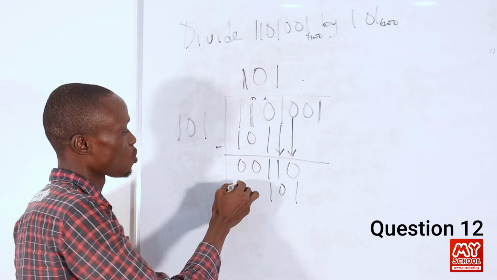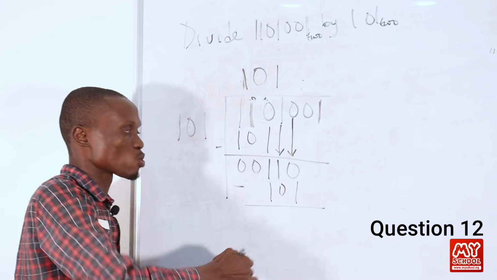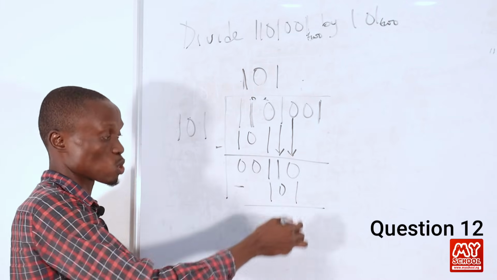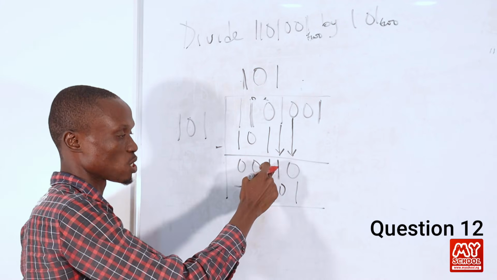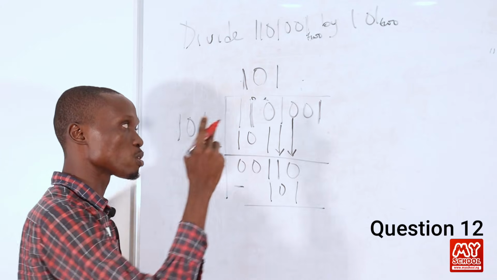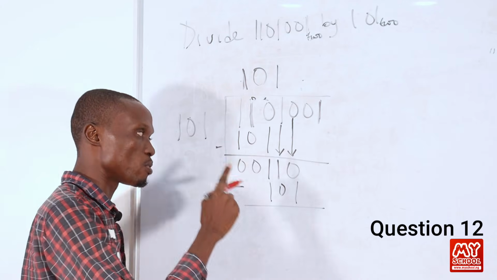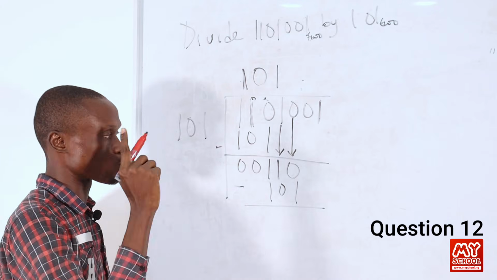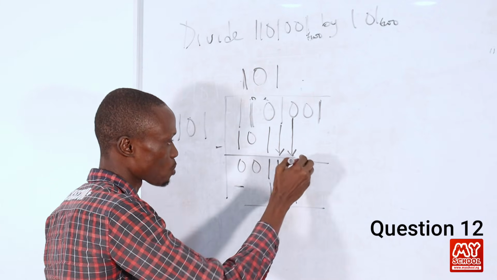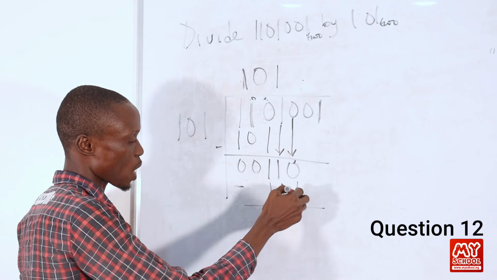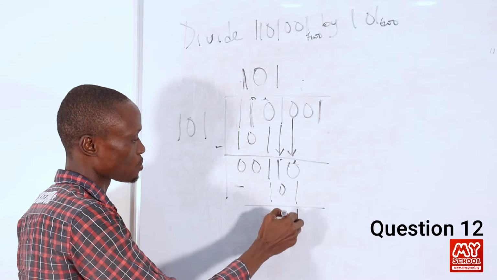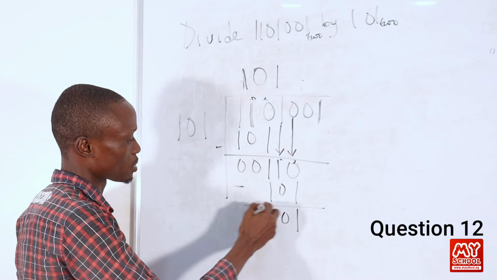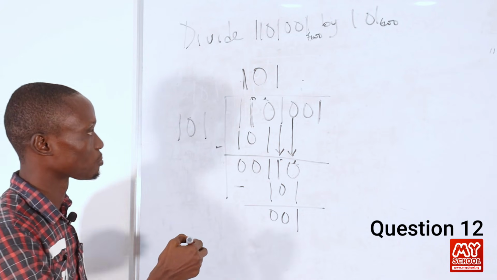As usual, we subtract. 0 minus 1 cannot, so we borrow 1 from this one here. Remember, since we're operating in base 2, the one we are borrowing is equal to 2. So this place now becomes 2, and 2 minus 1 is 1. Then we have 0 left here, so 0 comes down and 0 comes down. 1 minus 1 is 0.